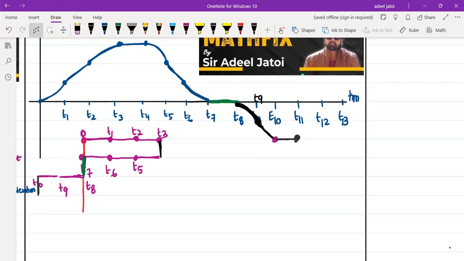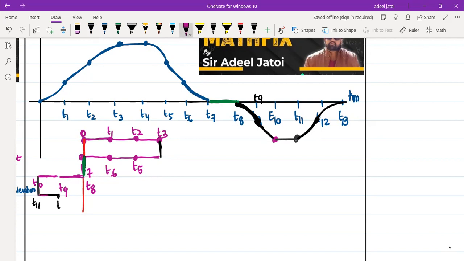Increasing velocity. And in the end, let's say decreasing velocity directly without any constant speed. Right? So this means T10, T11. This will be T11.